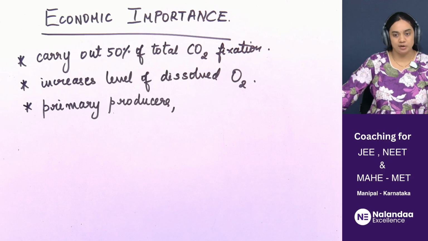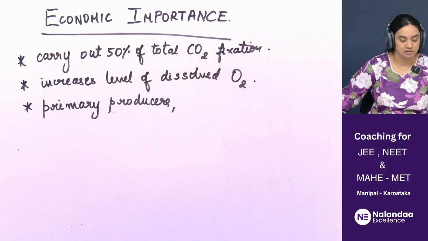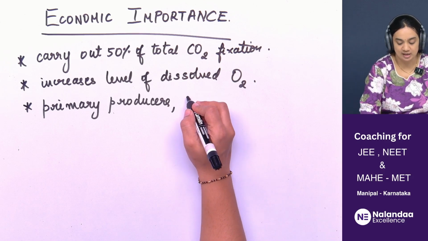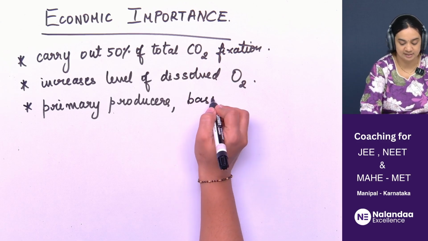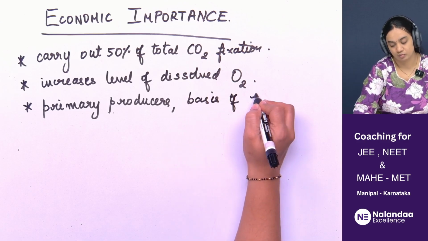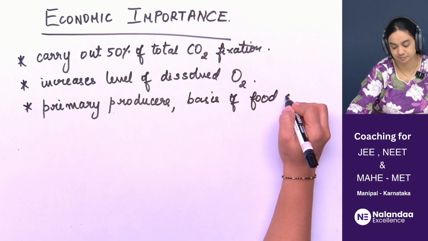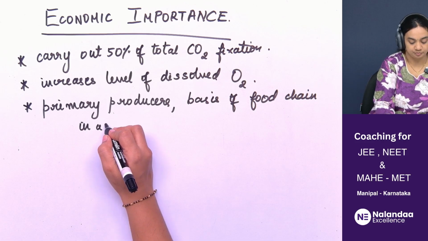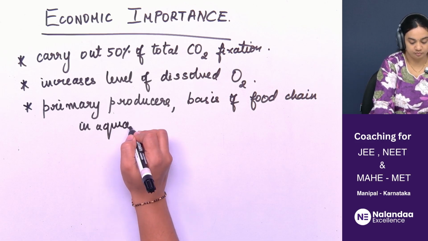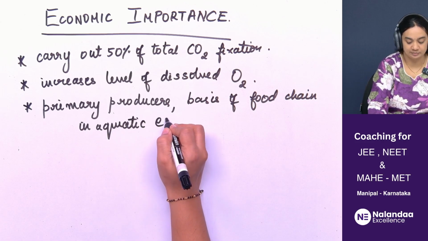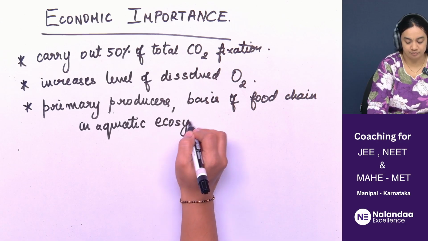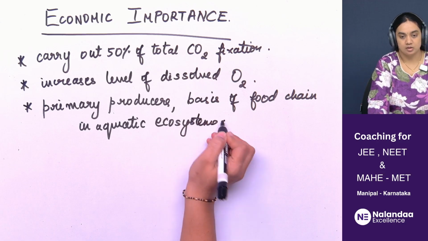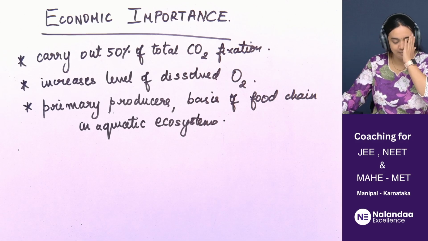They are the major producers of any aquatic ecosystem. So they are primary producers that form the basis of food chain in aquatic ecosystems.